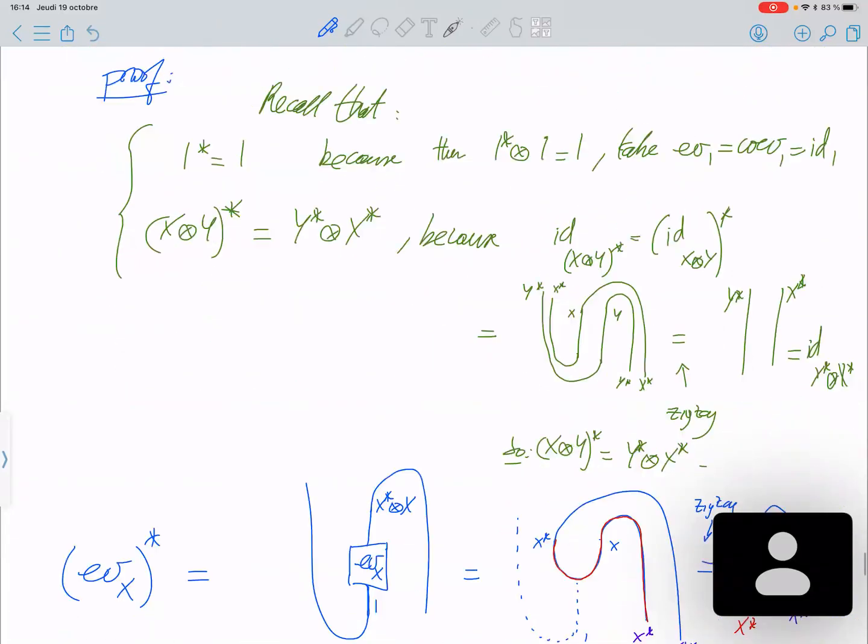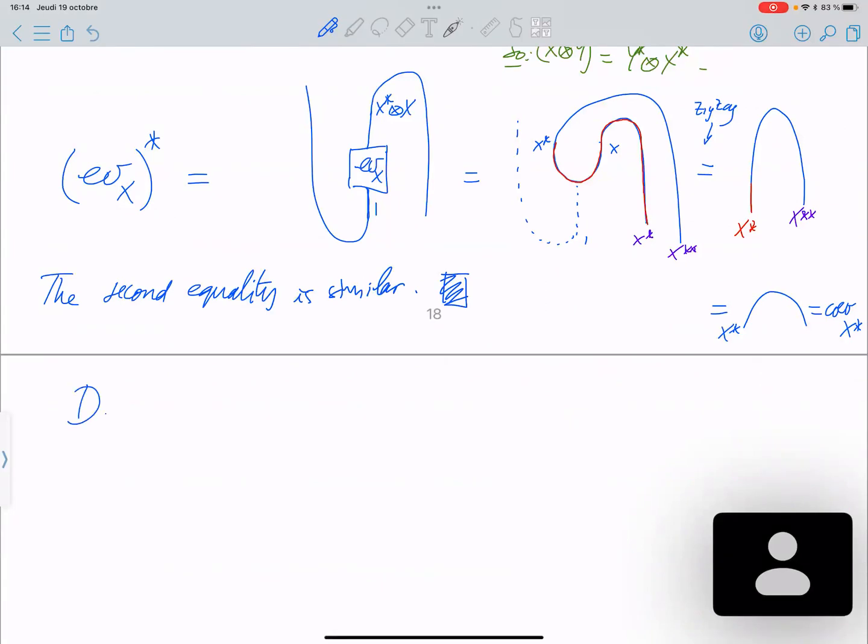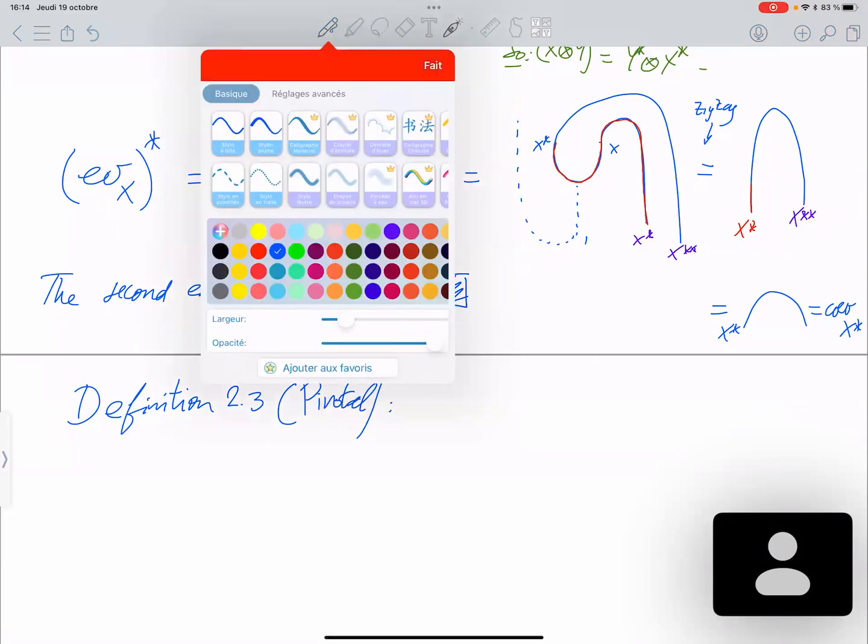Okay. So now let me define the notion of pivotal monoidal category. Pivotal. A very important notion.